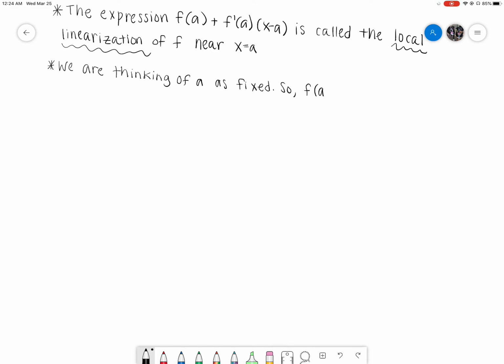So f of a and f prime of a are constant.